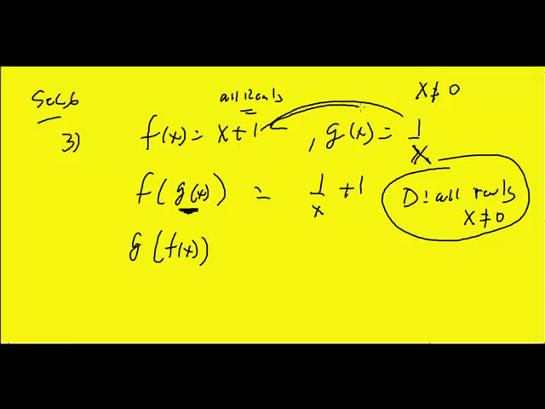Take this, put it in there. This one doesn't have any restrictions. So when I put that in, I get 1 over x plus 1. But I do have a new restriction now. What number can x not be, Caroline? Okay. So domain is all reals. X cannot equal negative 1. So I do have that restriction, and I have to take that into account.